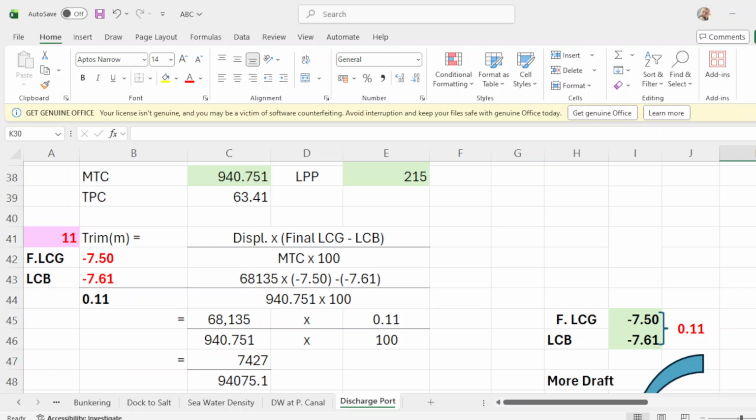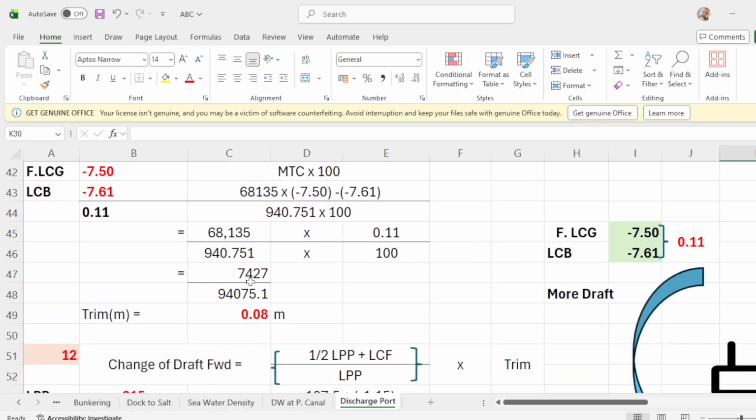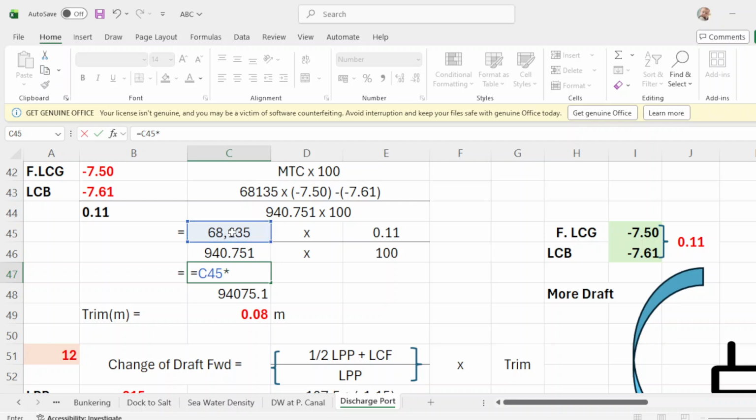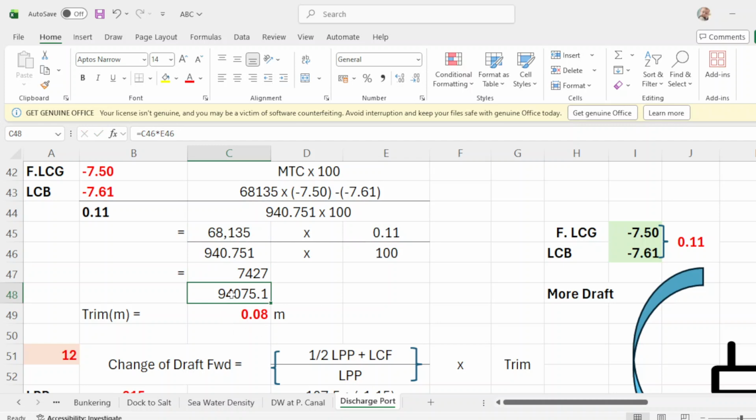Multiply this, you get the trim, and your trim will be 0.8.